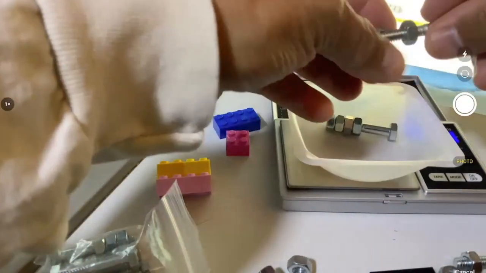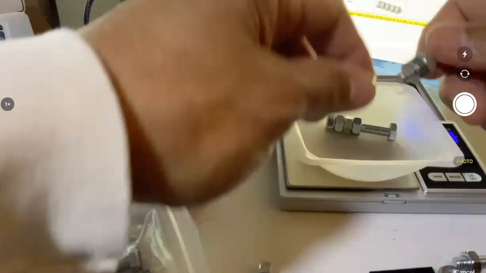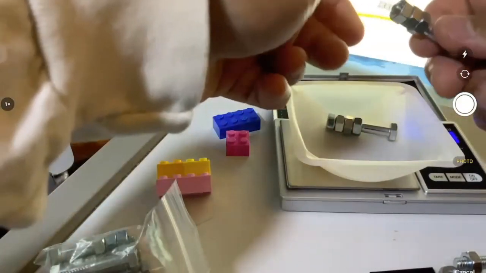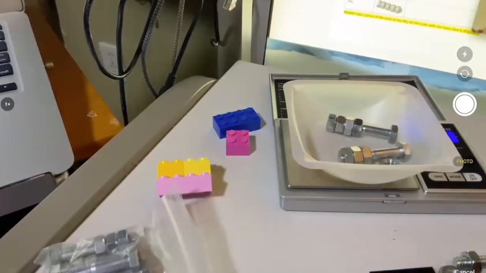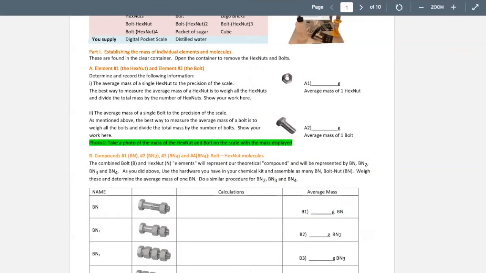I can do 2. The more you have, the more accurate you will be. And why do you want accuracy? Because your grade will depend on it. You guys have to be able to count the right amount. So that would be 2. I would just take that mass and divide by 2. Okay, and then I will put it right here.